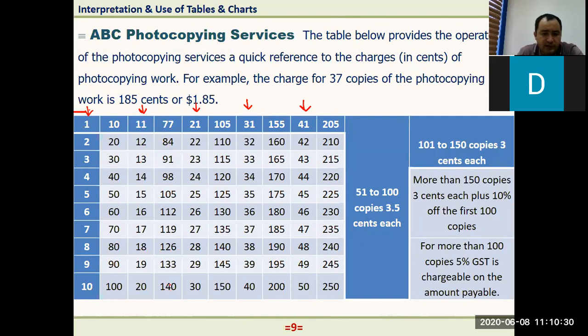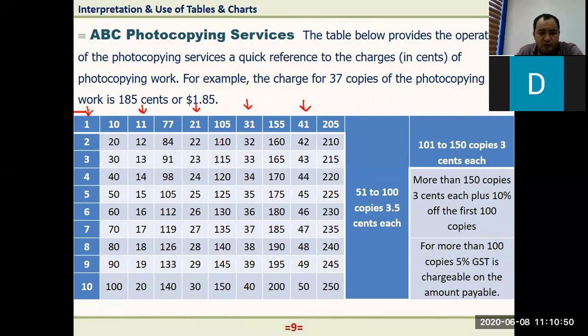7 times 20 is 140, right? And if the number of pages is between 21 and 30, for each page they are charging 5 cents, so for 30 pages it is 150. It means the more copies you make, the less they charge. This is how it works.